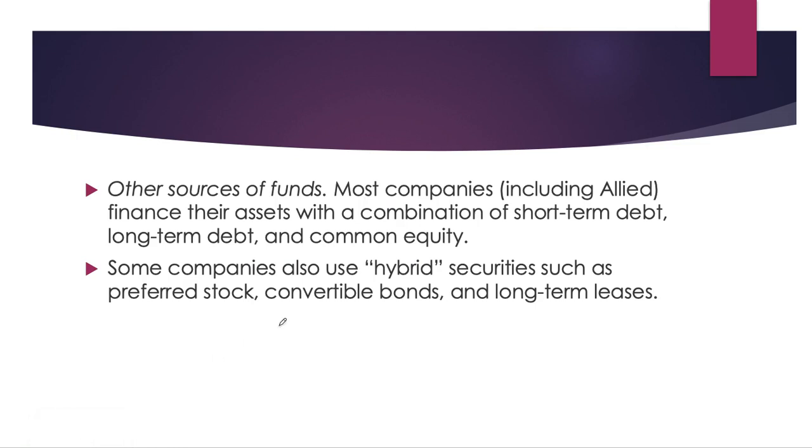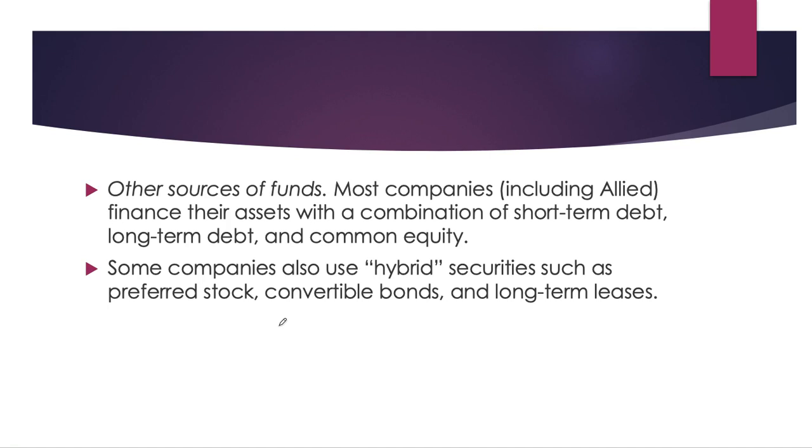Other sources of funds: most companies, including Allied in our example, finance their assets with a combination of short-term debt, long-term debt, and common equity. Actually, we will discuss the details of financing decisions by companies in later chapters, because it's very important for the company to decide whether they should issue debt, such as issuing a bond or using bank credit, or they might consider issuing shares in an IPO.